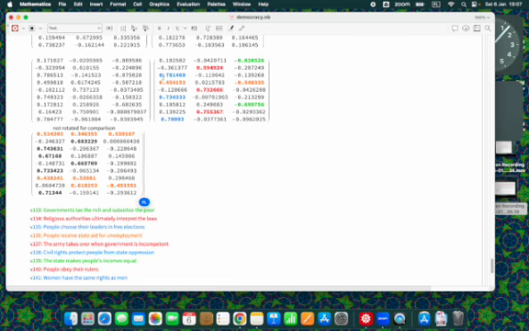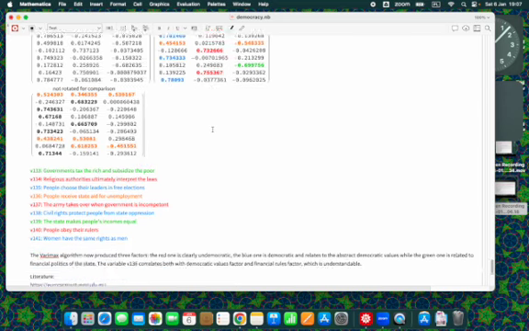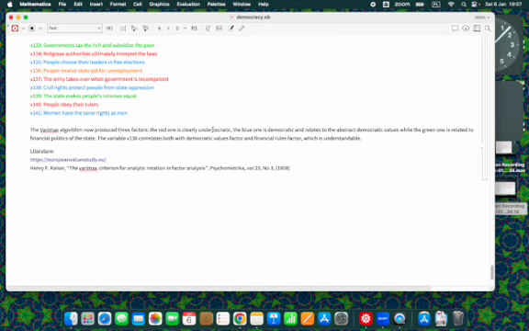But if we only want to look at how the person's answers about democracy are structured, what is the thinking behind those answers, it is enough to look at the factors as they are here.